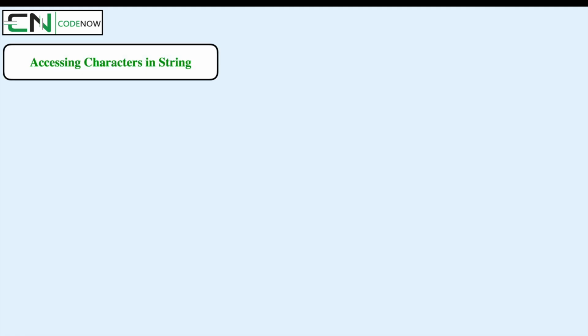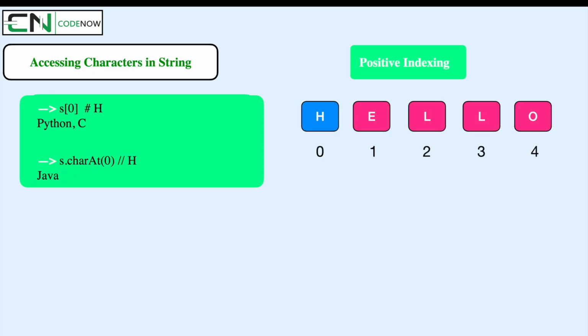Now, how exactly do we access each character in a string? To access a character, we have two kinds of indexing in Python itself, whereas in Java and C we only have one kind, which is positive indexing. Especially in Python, we have both positive indexing and negative indexing. Let us take an example and try to understand how we implement these.